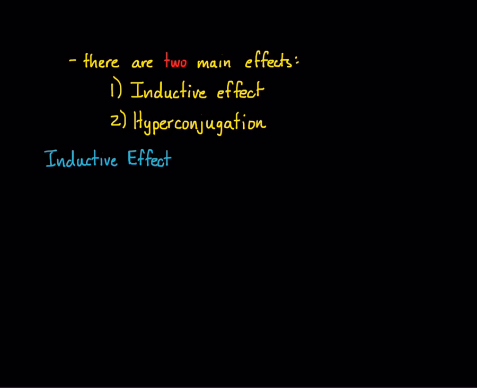Inductive effect simply means that you're moving electron density through a sigma bond. That is certainly the characteristic of what we term inductive effect. So if I look at a carbocation, I see that carbocations are sp2 hybridized. Now, what does this mean?